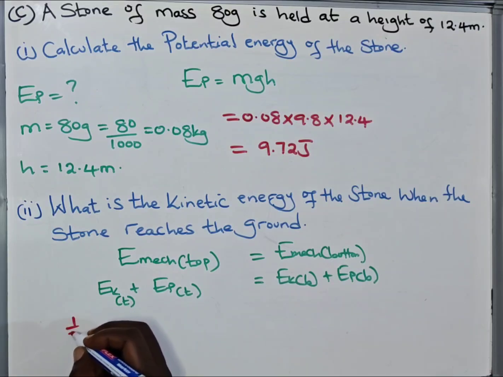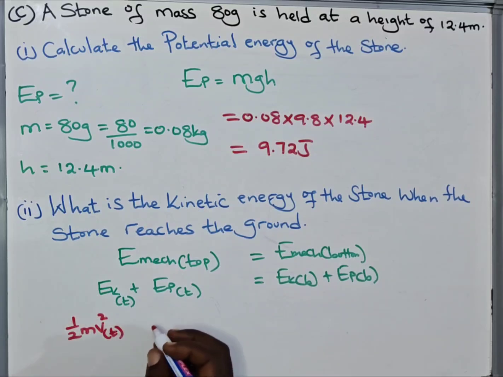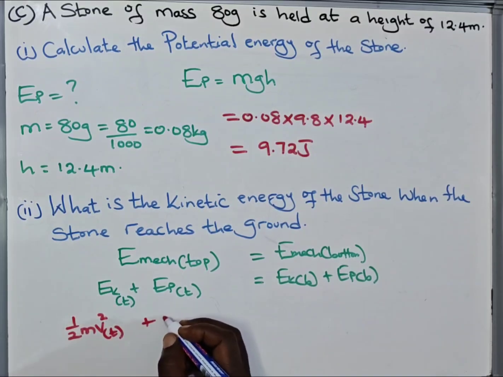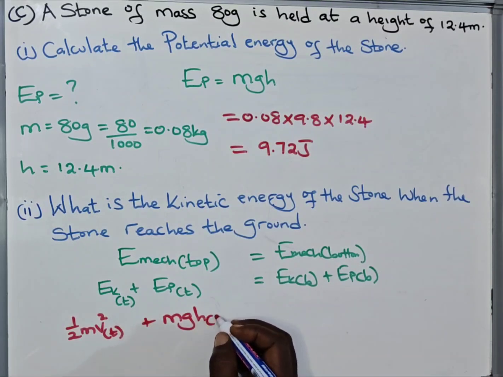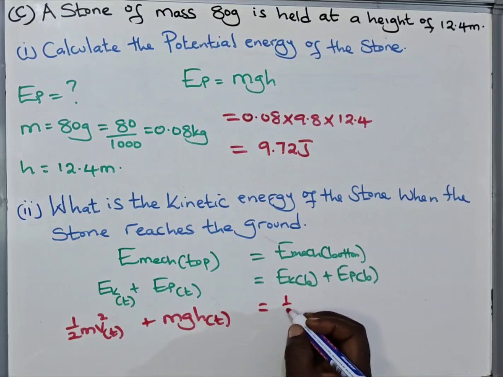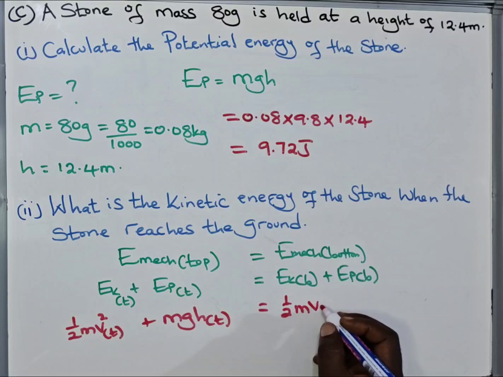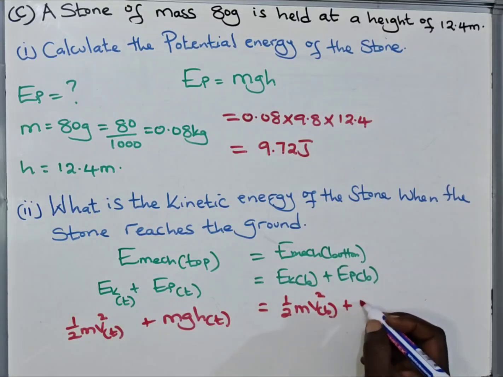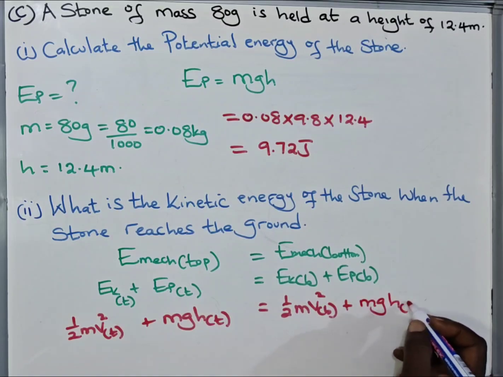It is half mv squared at the top, plus mgh at the top, which is equal to half mv squared at the bottom plus mgh at the bottom.